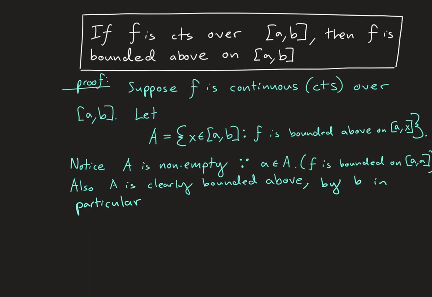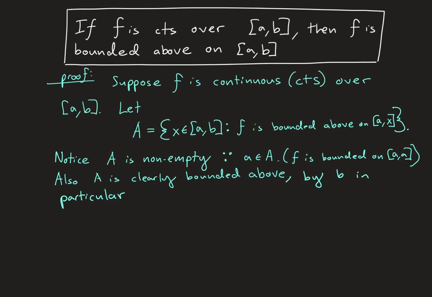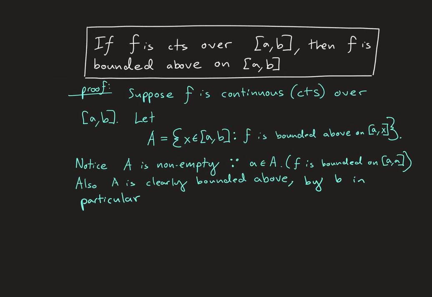Okay, so A is definitely bounded above by B. After all, if you look at this definition of A, the values of A are forced to be in this interval, but B is some real number, and X cannot exceed B because X is an element of this closed set.